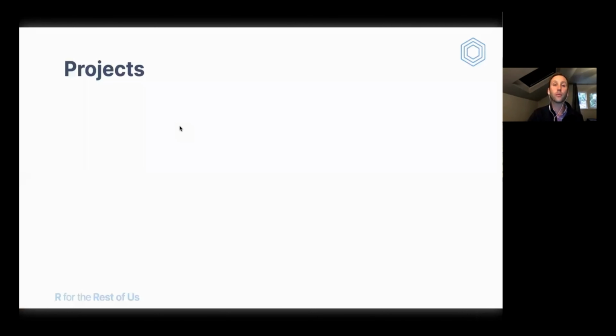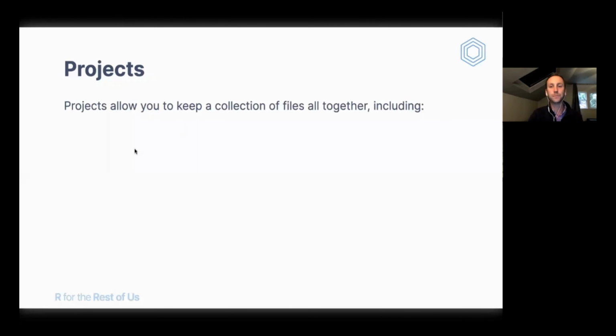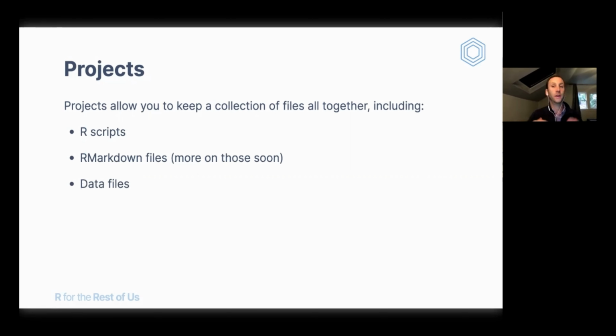Projects allow you to keep together files, such as any R script files. So any code that you've written, you can save as part of a project. You can create and save what are called R Markdown files. I'll briefly touch on these shortly. Any data file, so for example, if you have a CSV or an Excel file that you want to have as part of your project, projects allow you to keep those all together.